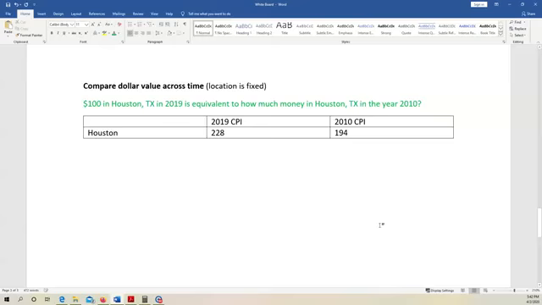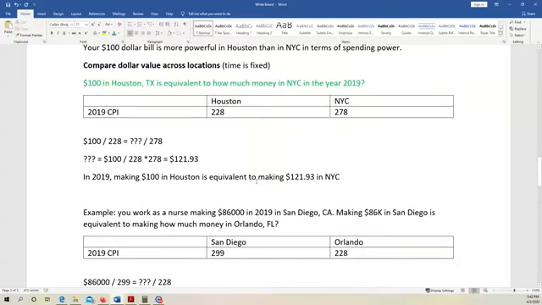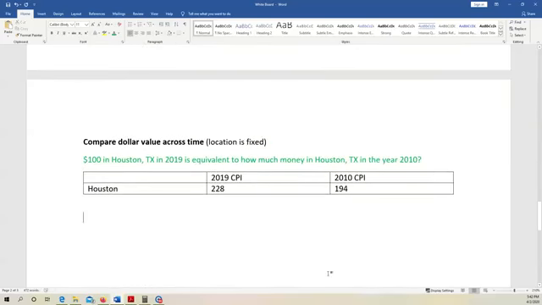Okay. Again, we are going to use this equality. Suppose you have $100 in the year 2019 Houston, right? The spending power or the real power of $100 in Houston in 2019 is 100 divided by 2019 CPI, 228. It's equivalent to, equality, how much money in the year 2010 in Houston?